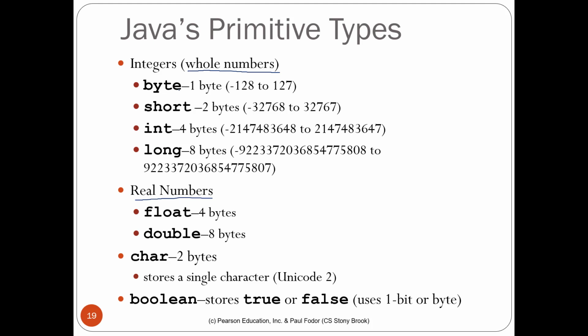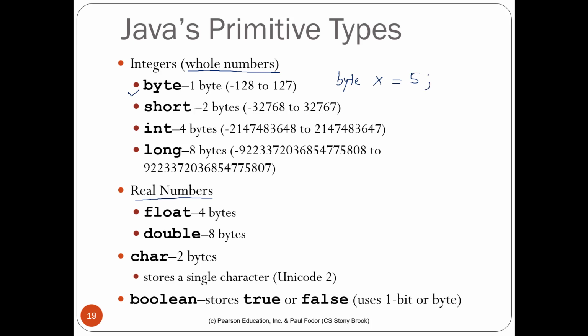Byte is used to store really small integers. If your integer is in the range of -128 to 127, then you should declare that as byte. You will declare it like byte x = 5.